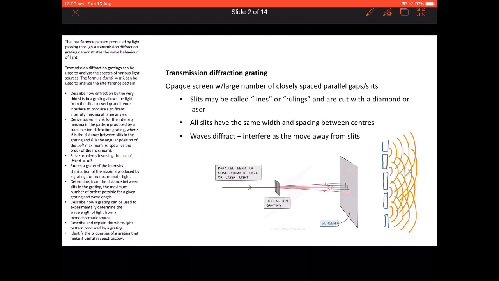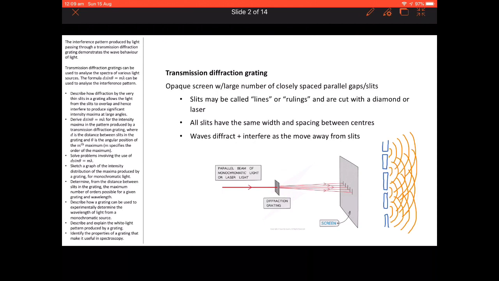Each of these gaps is a gap in the diffraction grating, and the light will be diffracting, so the waves will be spreading out, and at certain points waves from 2 different slits will meet, and at some points the trough or the peak of the wave might be in the same direction, so the waves will superimpose or interfere constructively.